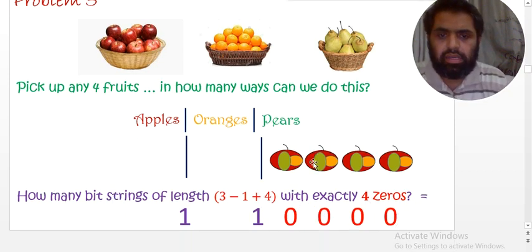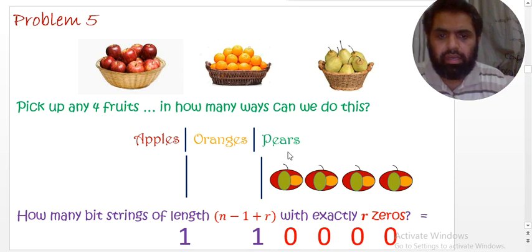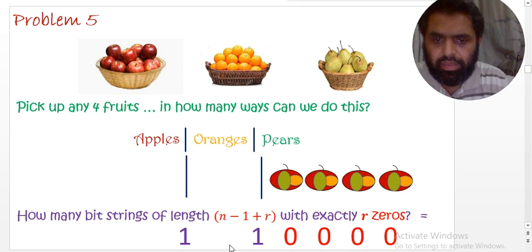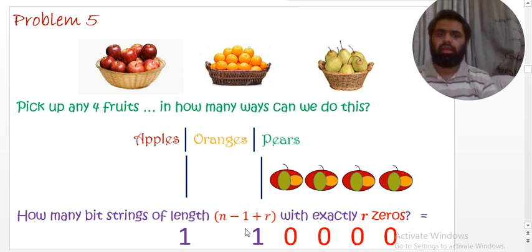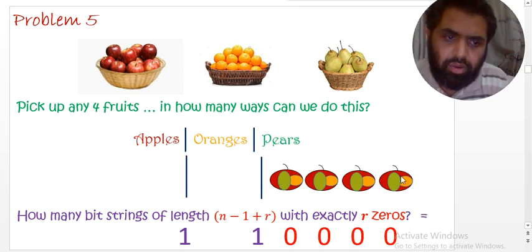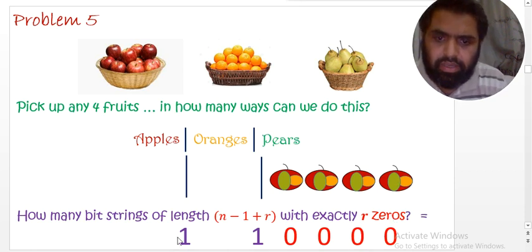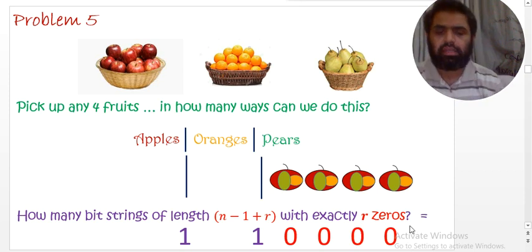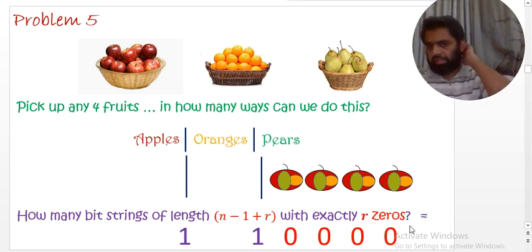So in general, I can write down the formula. If I have n types, the number of dividers is n minus 1, or the number of ones is n minus 1, and I have to choose r objects, or I have to choose r zeros. So the binary string becomes n minus 1 ones and r zeros, so n minus 1 plus r is the length of the binary string.